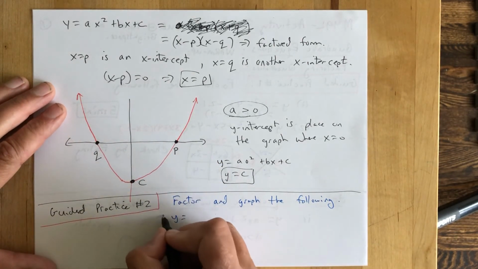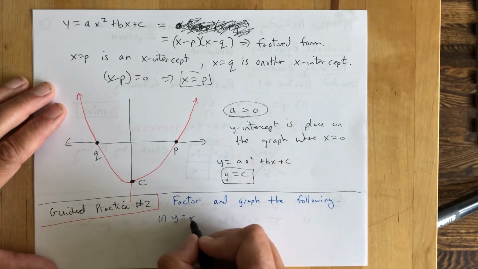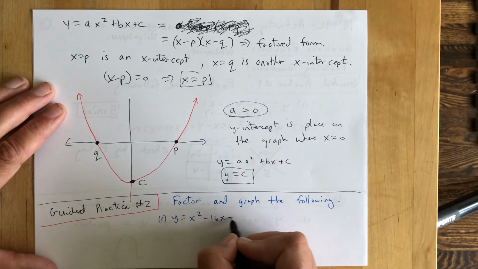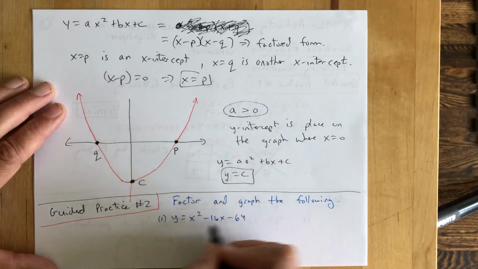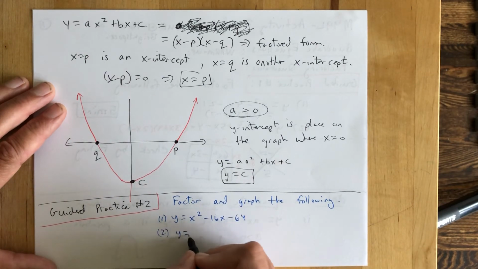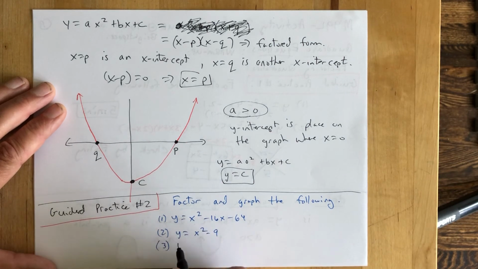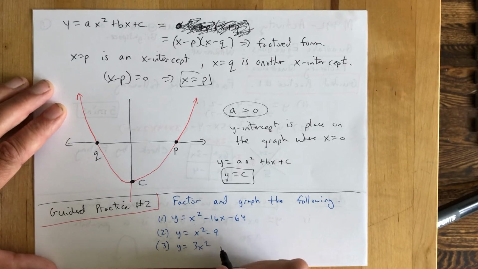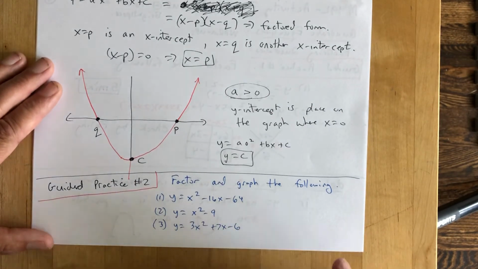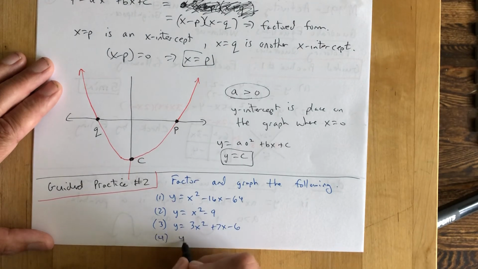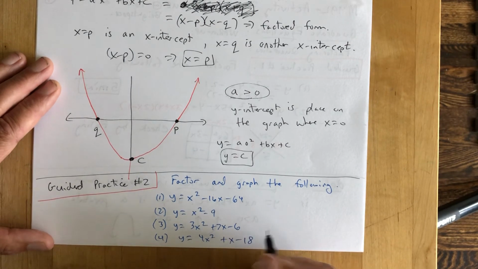So there's going to be 4 of them. y equals x squared minus 16x minus 64. y equals x squared minus 9. y equals 3x squared plus 7x minus 6. And the last one, y equals 4x squared plus x minus 18.